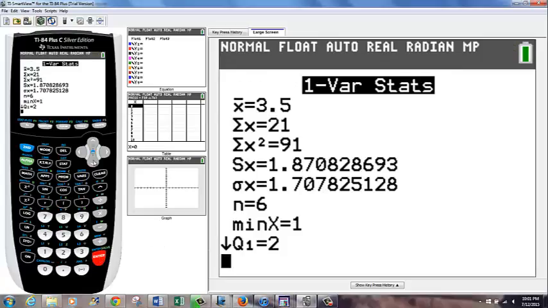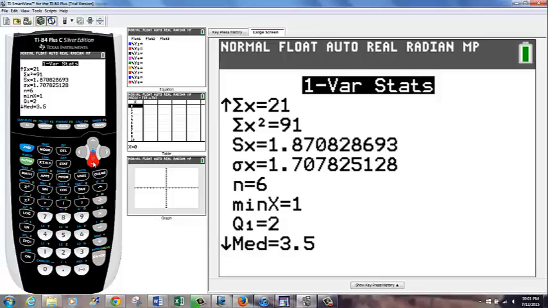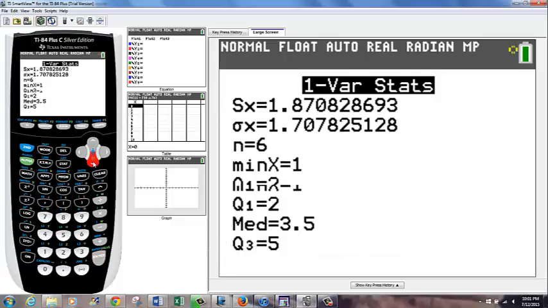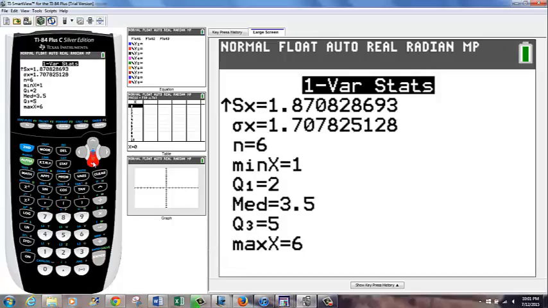I have to scroll down to get to the median though. There it is. I'm going to scroll down a little further. We'll be using all those numbers later, but you see how the median's 3.5? There it is, 3.5. So it did not have to be done in order.